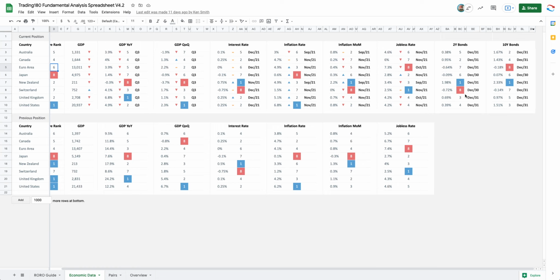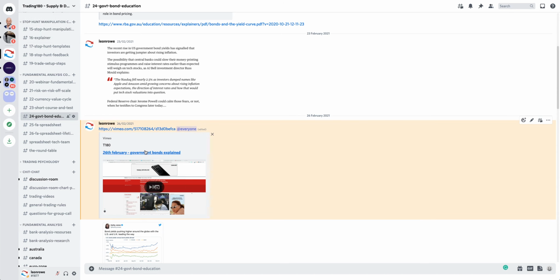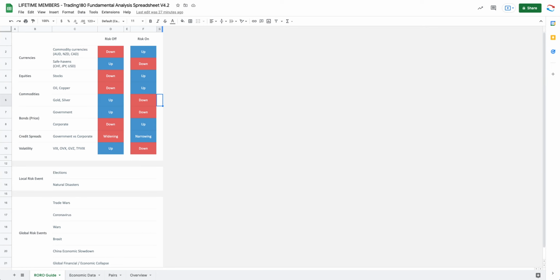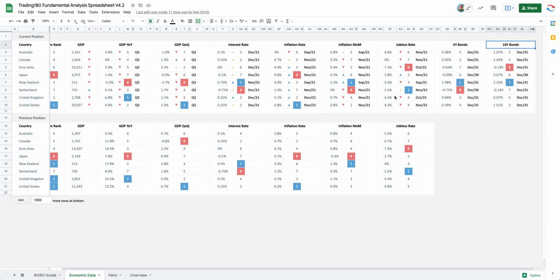And we can tell that by the way that they price their 2-year and 10-year bonds on a bond yield curve. And again, if you don't understand, you potentially have to go over government bonds, and then you'll understand why we include the 2-year and the 10-year bonds in the fundamental analysis spreadsheet.